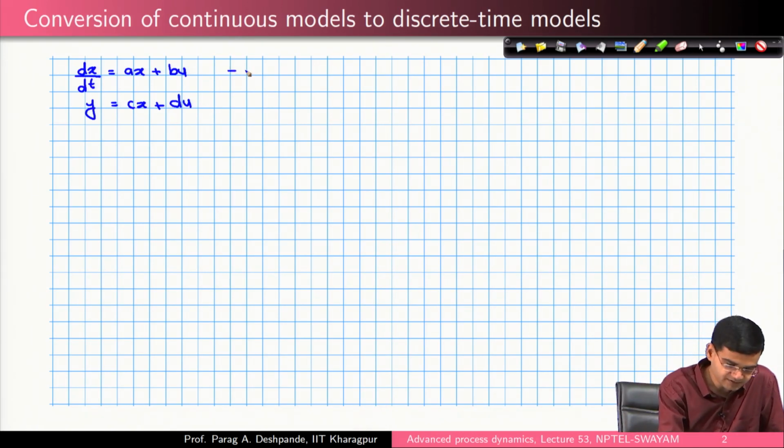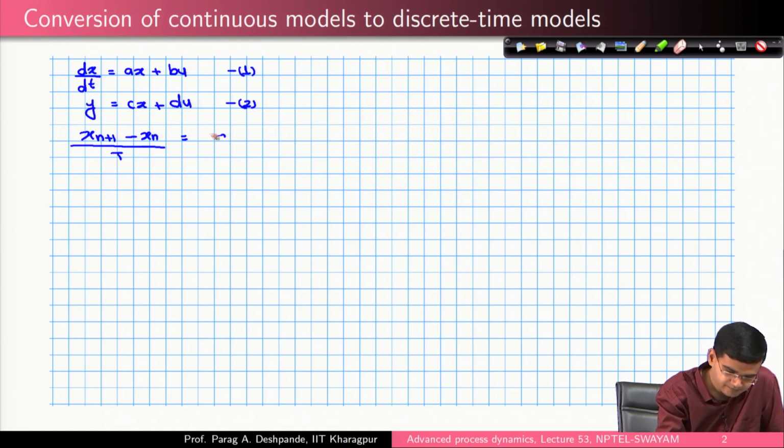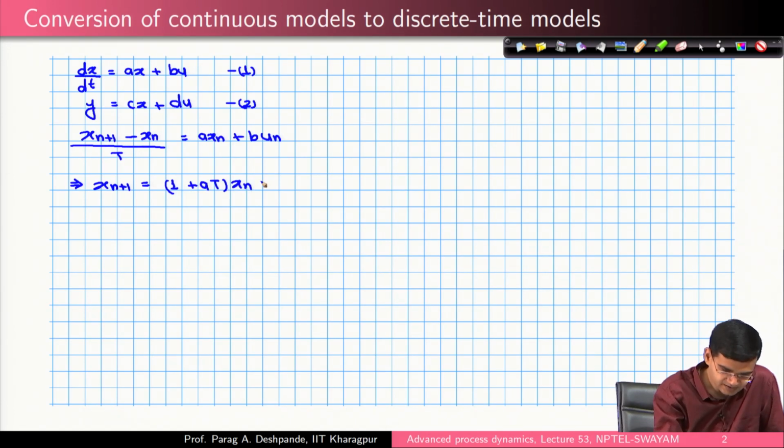So, from equation 1 I can write (x n plus 1 minus x n) upon capital T is equal to a x n plus b u n, from where I can write x n plus 1 is equal to (1 plus a T) x n plus b T u n.